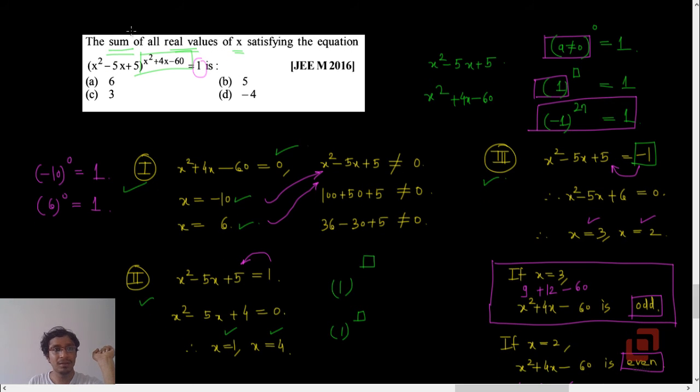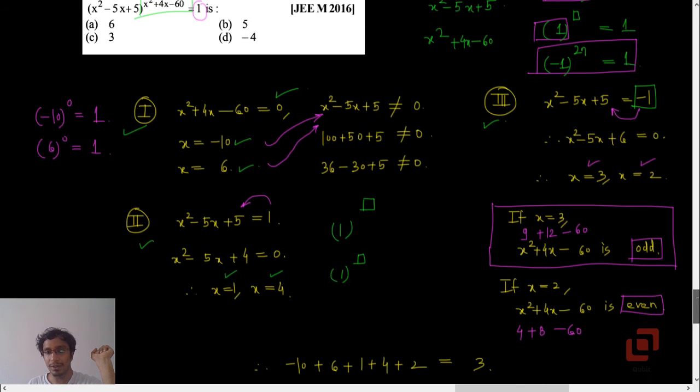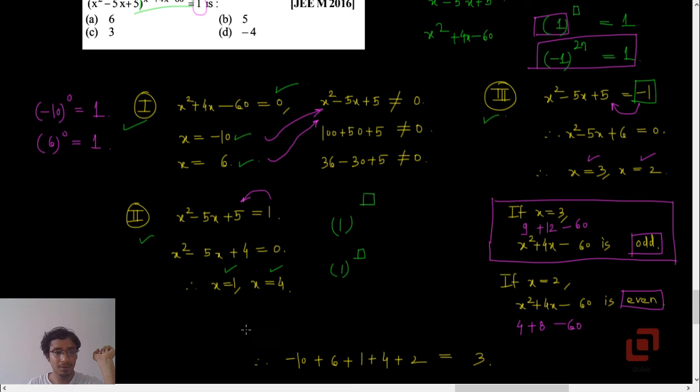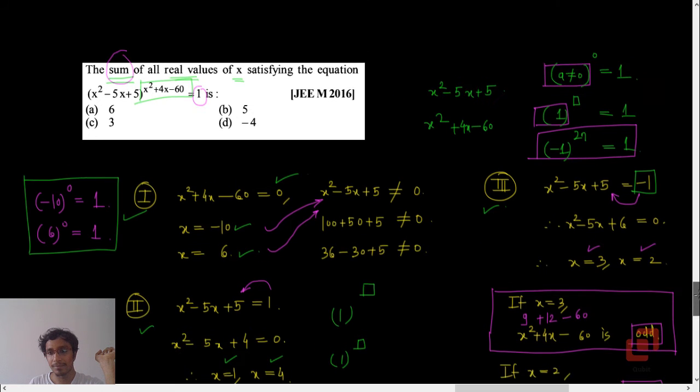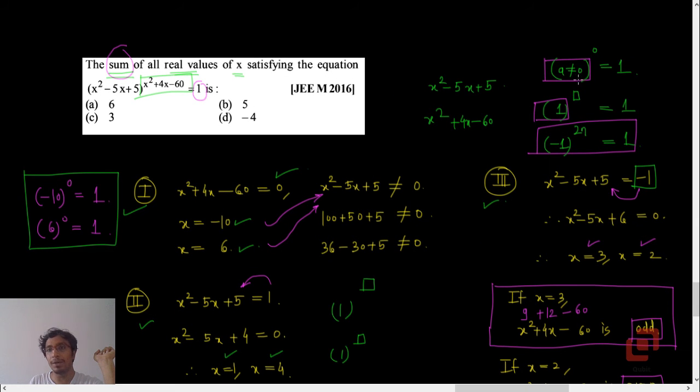So they're asking the sum of all real values of x. So which 5 values should we now consider? Minus 10 and 6, which we obtained here, considering the first case: any non-zero real number raised to 0 is 1.